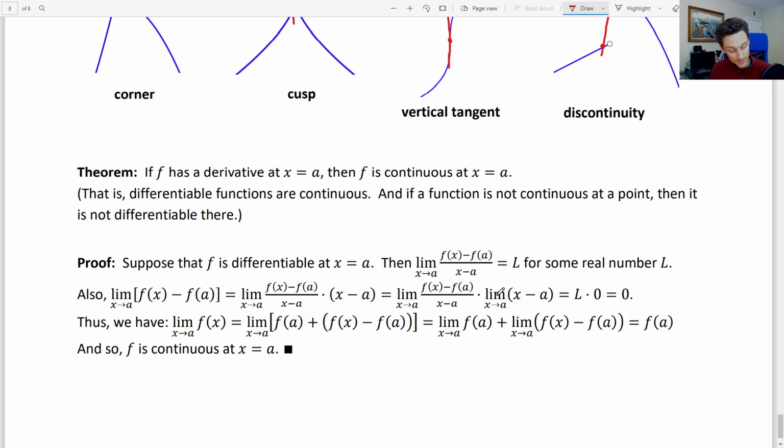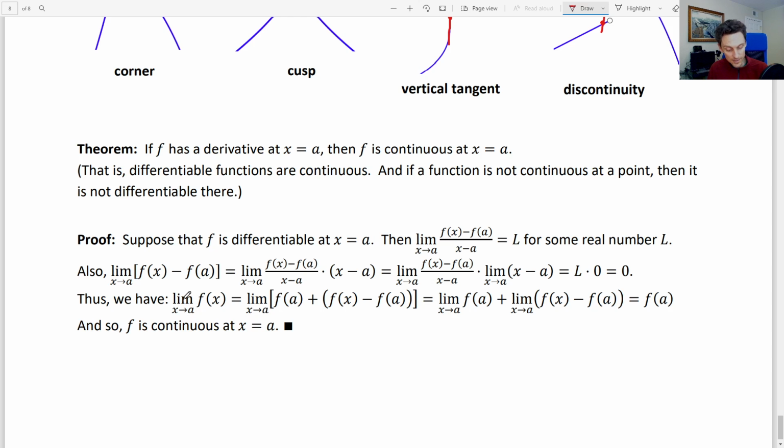And then the second limit, we have x approaching a, so the limit as x approaches a of x minus a. Well, there we're just plugging in a for x, because that's what x is approaching. So we have a minus a, which is 0. So L times 0 gives us 0. So that means that the difference between f of x and f of a is approaching 0. These two values are getting to be the same value in the limit.